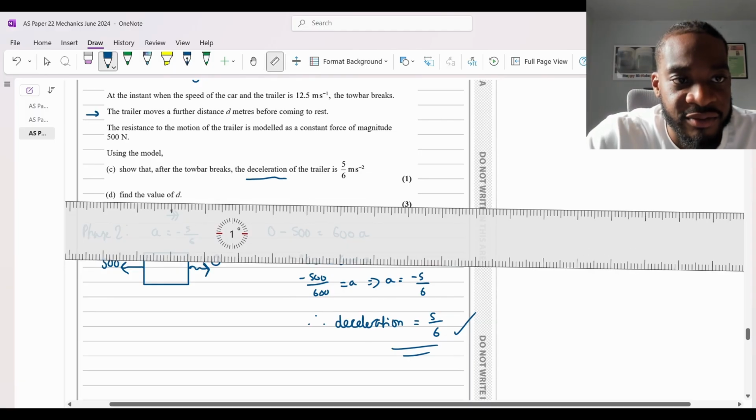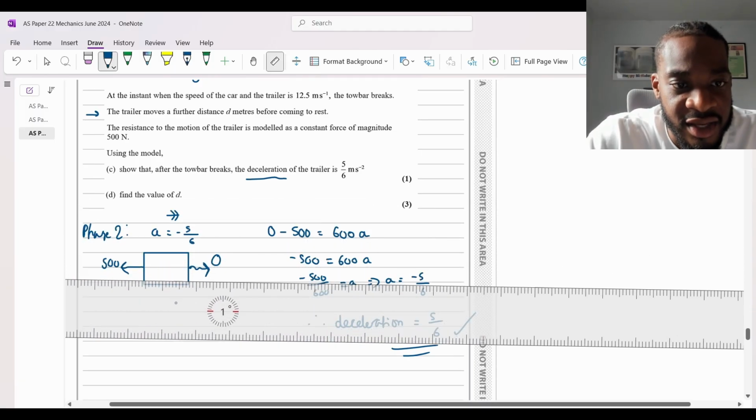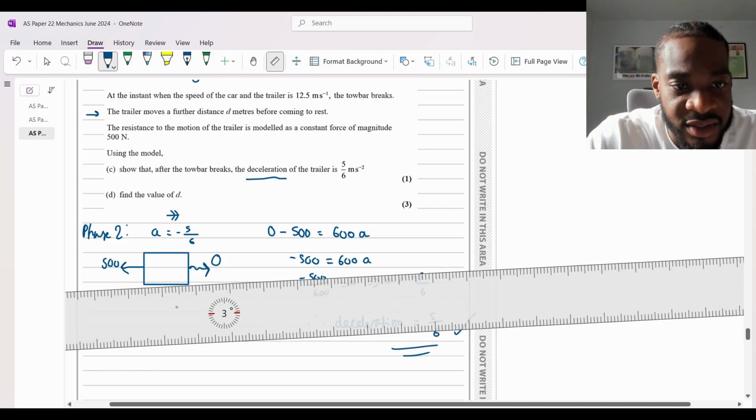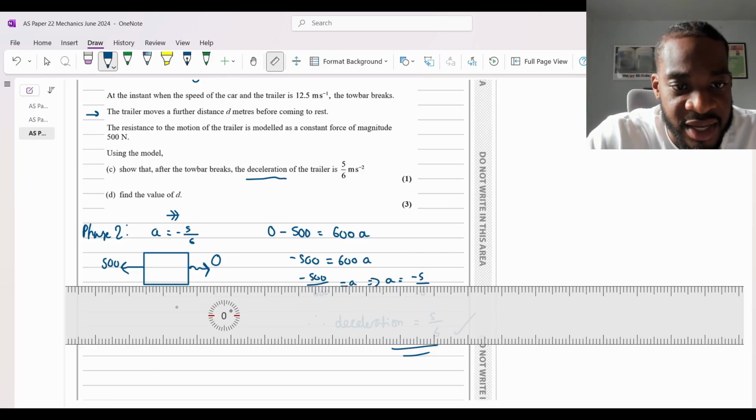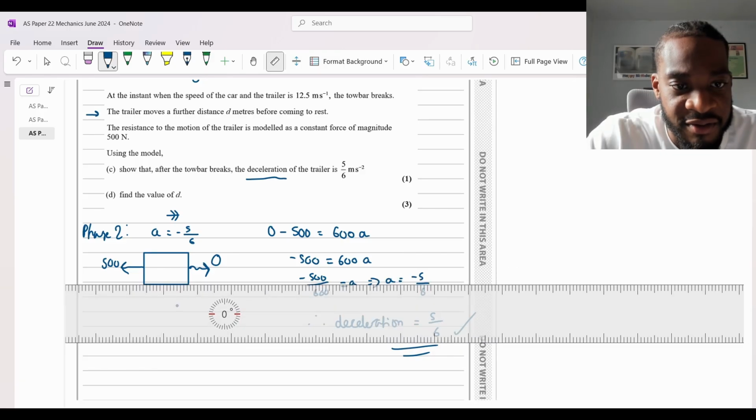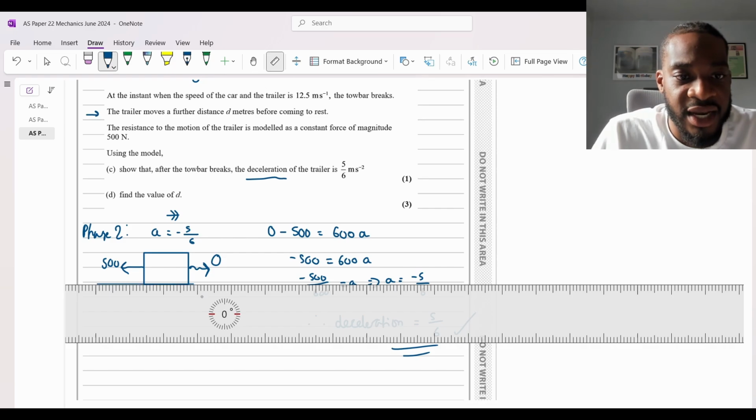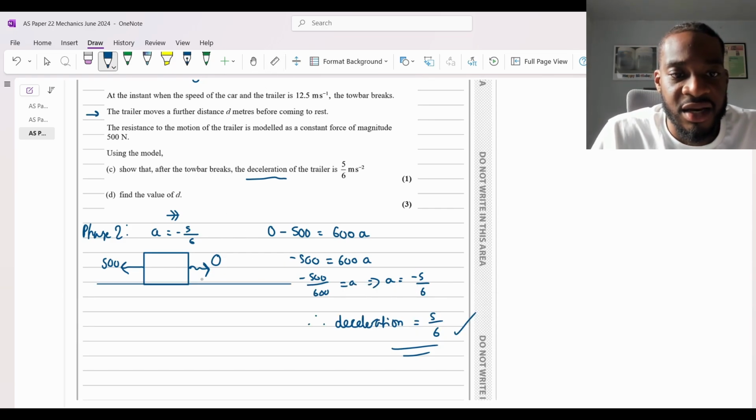Then essentially what we're saying here is that this is a distance of d, and when it gets there, it stops.